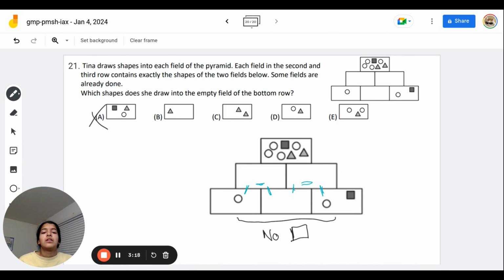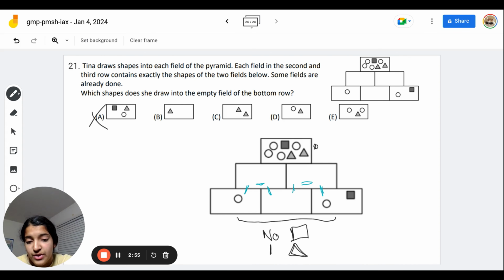Okay, now let's move on to the triangles. So we see that there are 2 triangles in this one right here. So when we look at the bottom 2 squares that are already filled in, there's no triangles. So we understand that there is at least one triangle that we need in the middle square.